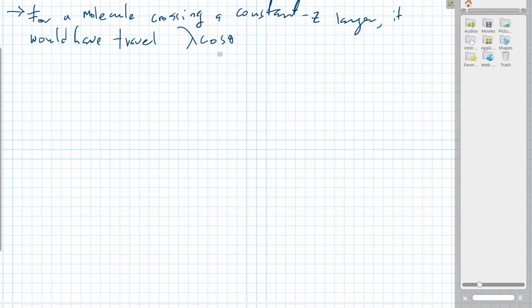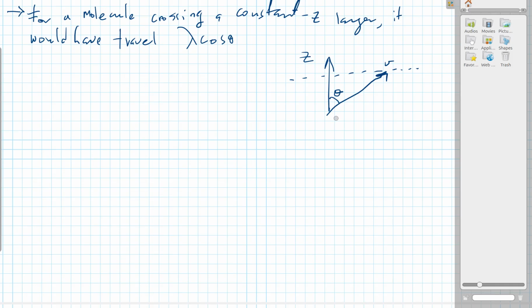So lambda is the mean free path of the gas, and theta is the direction at which the molecule under consideration is moving. Let's say the constant z plane is represented by this dashed line, and we have some molecule crossing that plane with some velocity at an angle theta with respect to z.